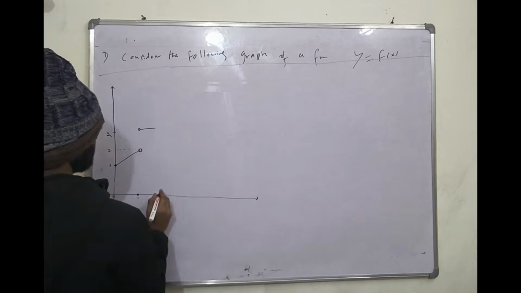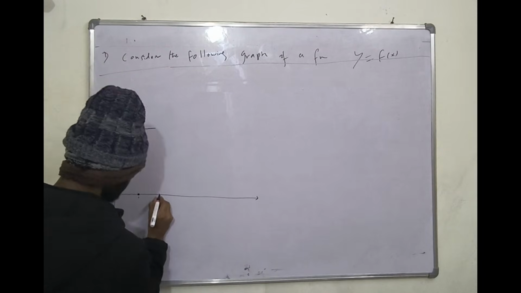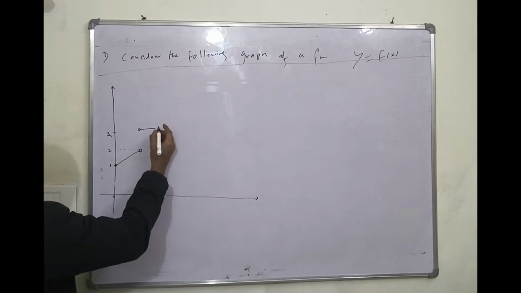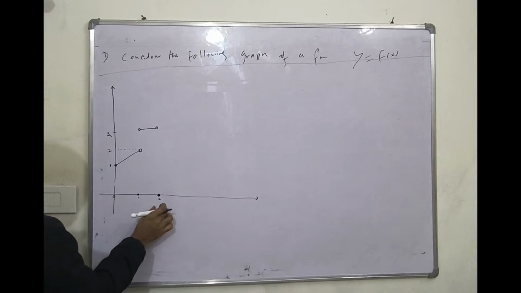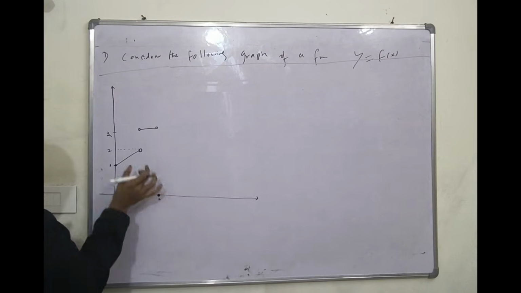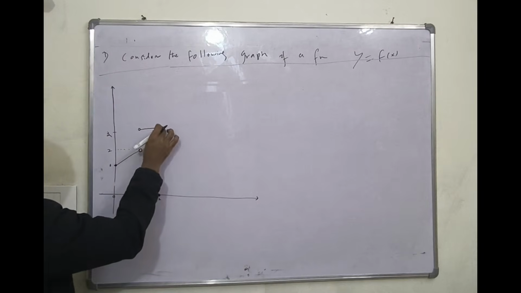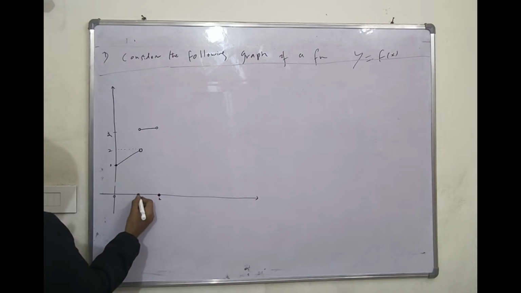At x equals to 2, the value is 0 again. It jumped suddenly; from 1 to 2, the value of f of x is 3, and at x equals to 2, the value jumped from 3 to 0.